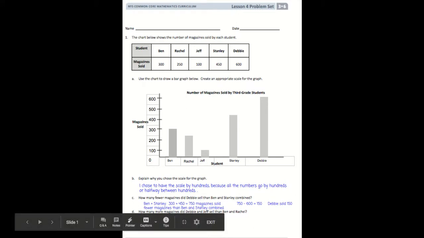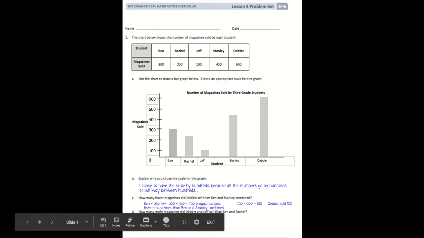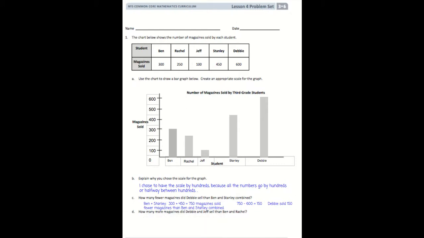Now, in order to solve this, I have to take the 750 that Ben and Stanley sold and subtract it from how many Debbie sold. So 750 minus 600 equals 150. So Debbie sold 150 fewer magazines than Ben and Stanley combined. So check your work on that.